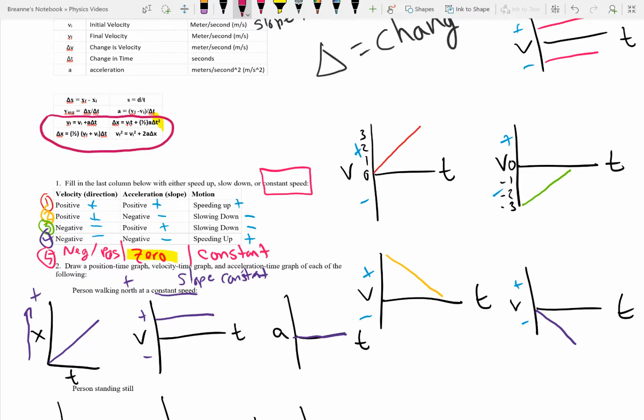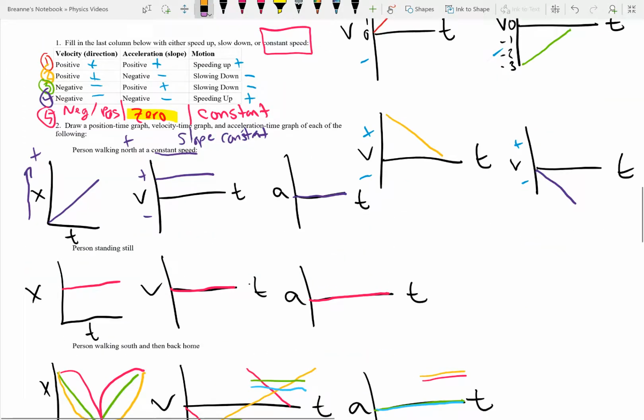We can't use this one because we don't have final velocity. Oh, displacement, initial, time, acceleration. That looks like a good one. Can't use this one because it doesn't have final velocity. So it looks like we are using this one, which, if you remember how they're numbered, is technically your third equation.